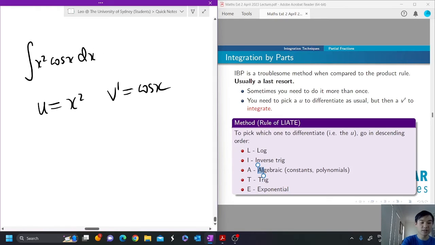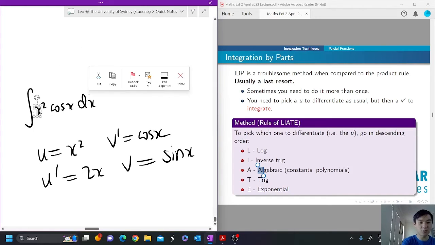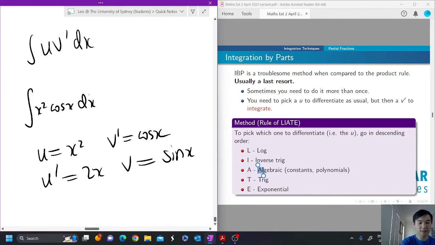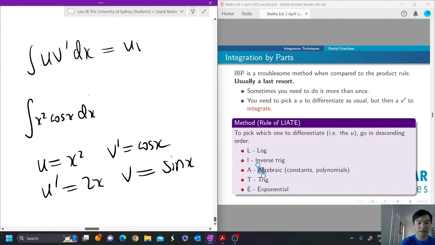So when we differentiate u to get u dash, we get 2x. And when we integrate v dash, the integral of cos is sine x. Remember that the product rule goes, when we are trying to integrate this, we will get uv minus the integral of u dash v.